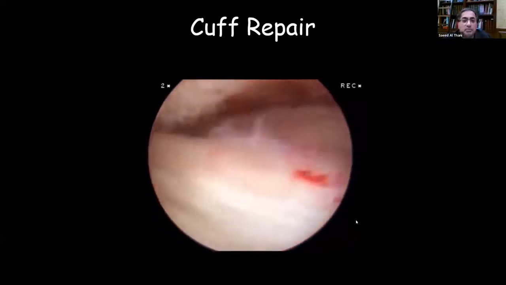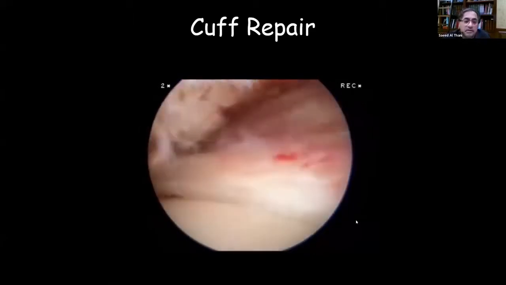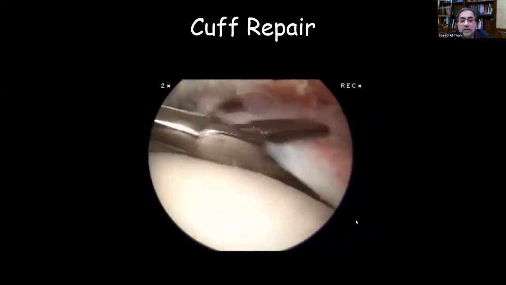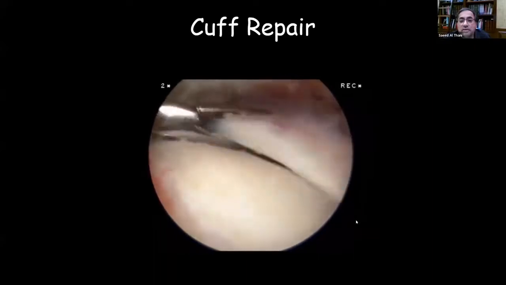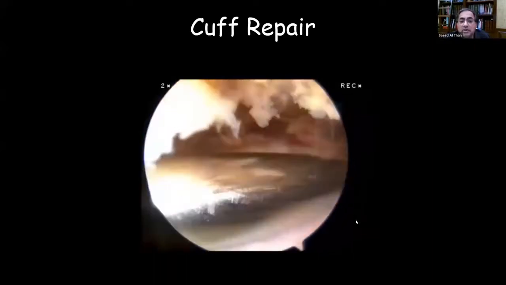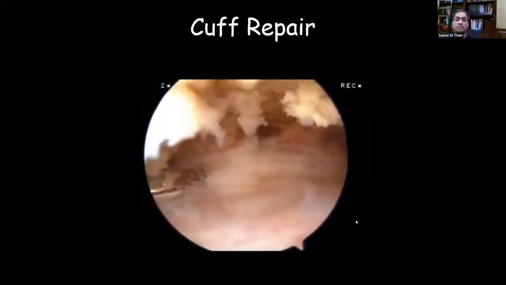So when you want to repair, you have to address this. Then it's more of a crescent shape. You have to see if it's reducible or not, because if you try to repair under tension, it will not come. You can see now it slips back. So you need to do the release from around the tendon.